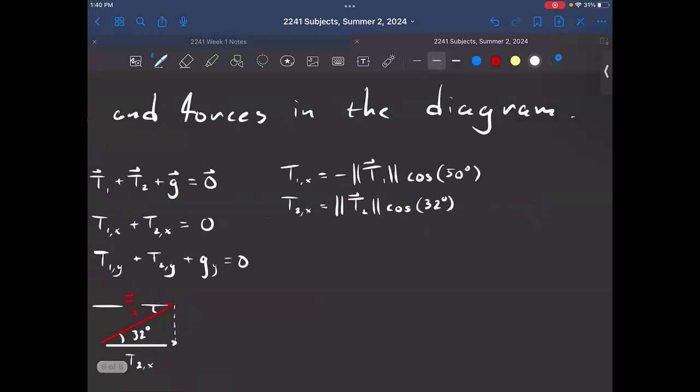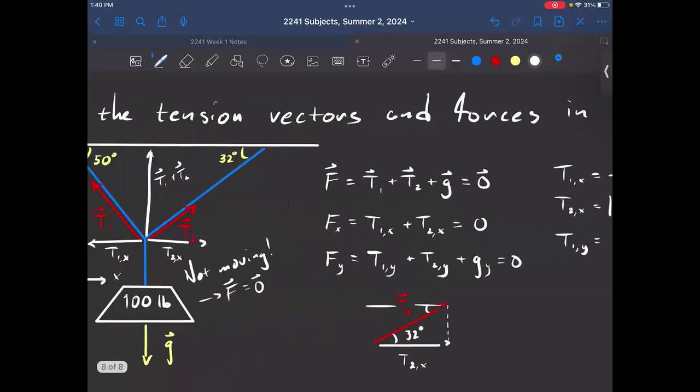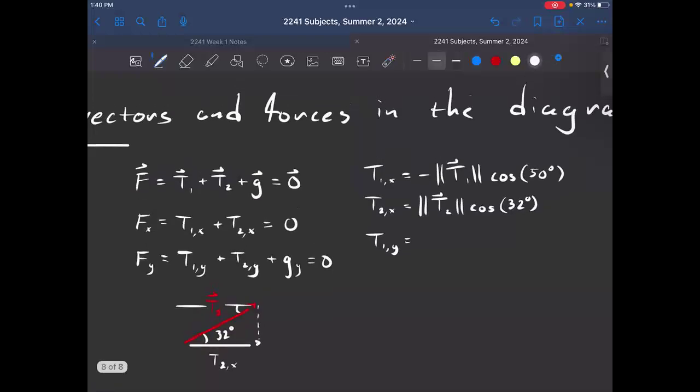Next, we also have T1y. Now, note that both of the tension forces are pointing upward right here, and so these are going to be positive terms. We have norm of T1, and then for the x direction, we use the cosine. For the y direction, we're going to use the sine.